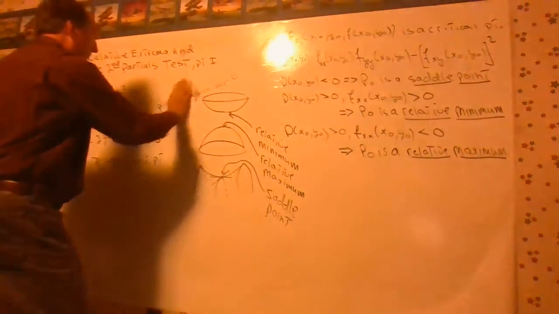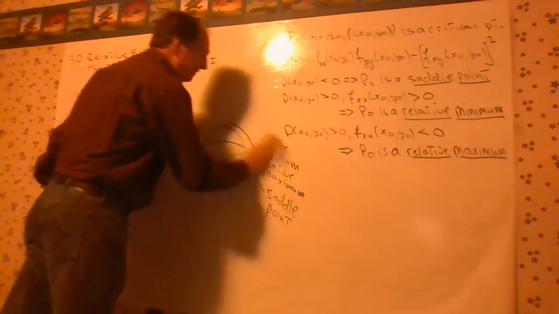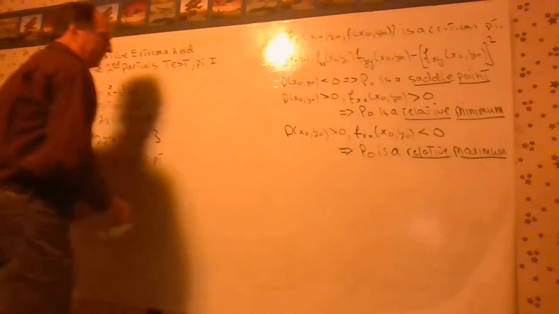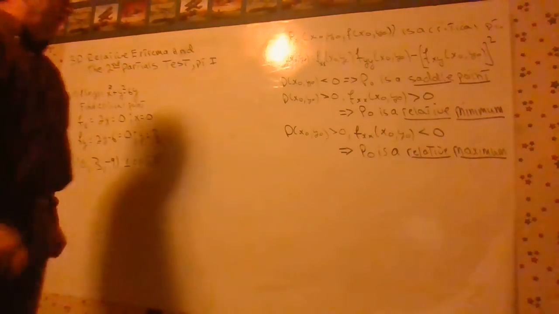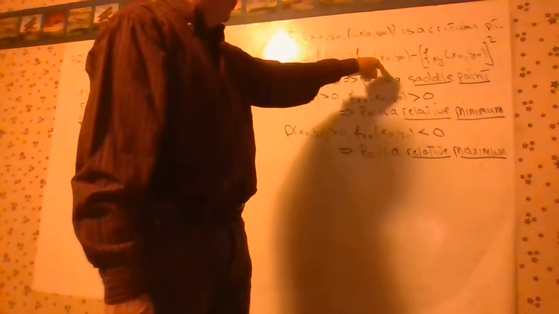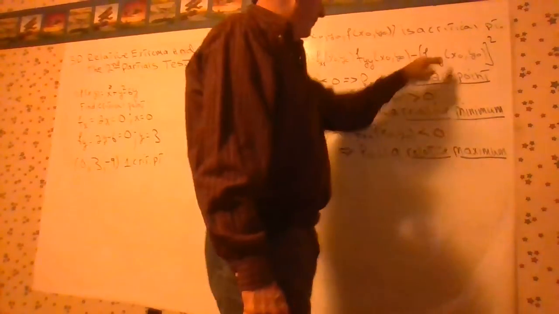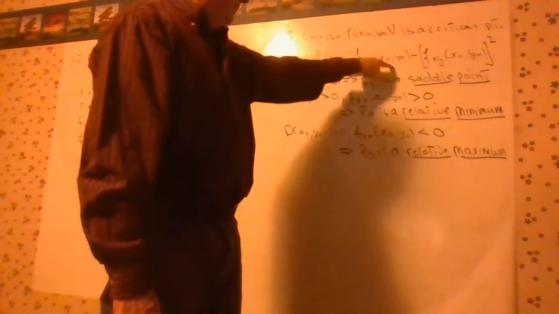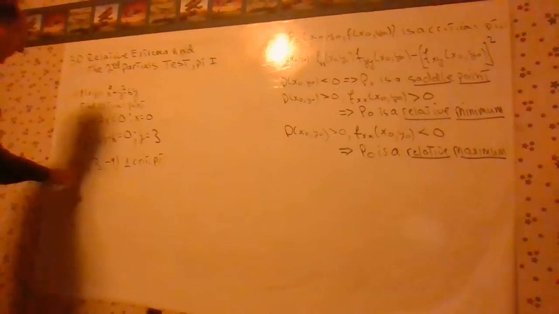Let me clear a little space in here. And you see it's pretty easy. First of all, we want to find this quantity, D, which is the second x partial times the second y partial minus the mixed partial squared at whatever critical point we happen to be investigating.